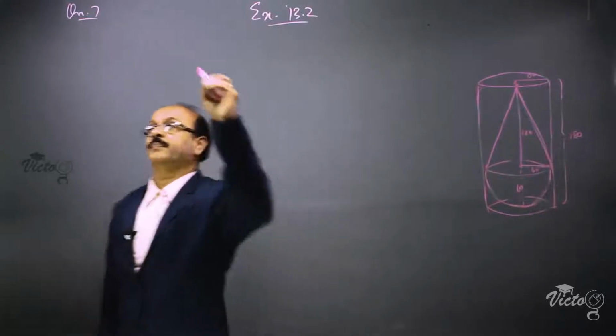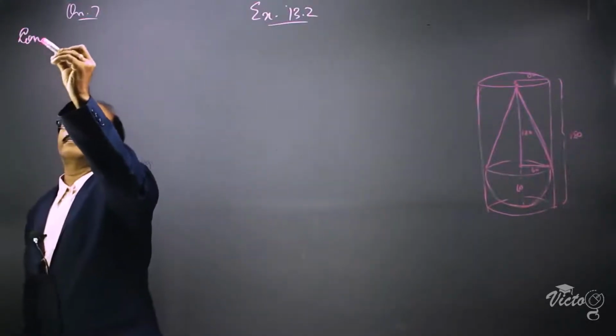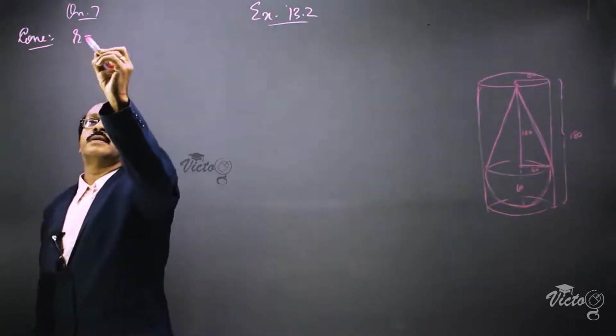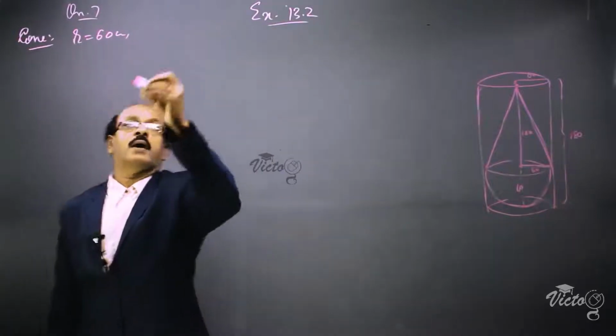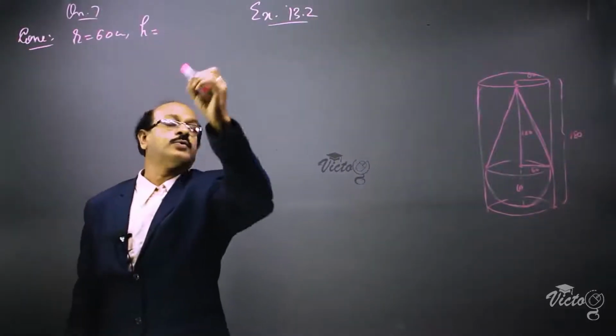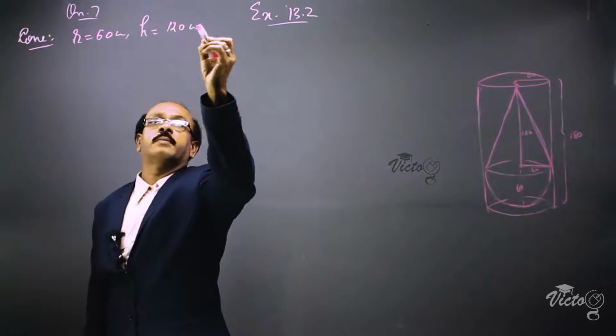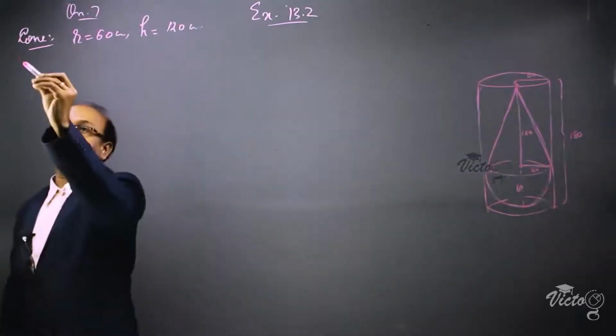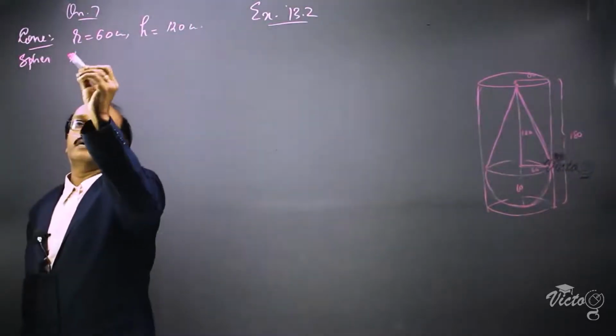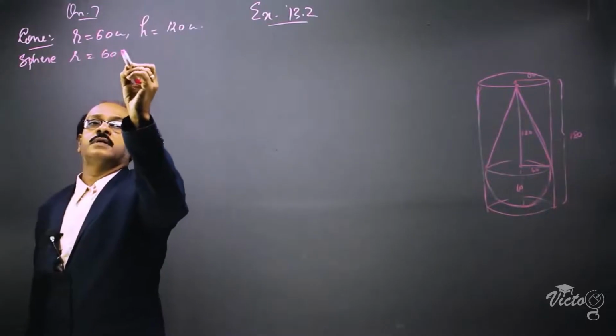For the cone, radius is equal to 60 centimeter and height h is equal to 120 centimeter. For the hemisphere, radius is equal to 60 centimeter.